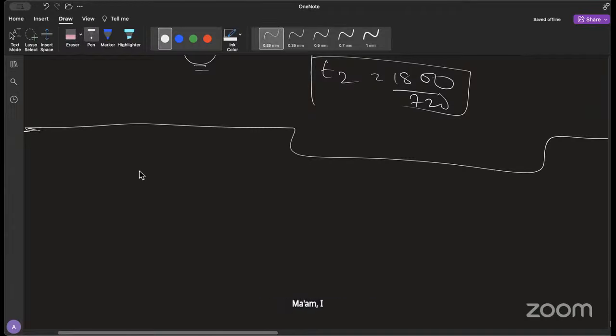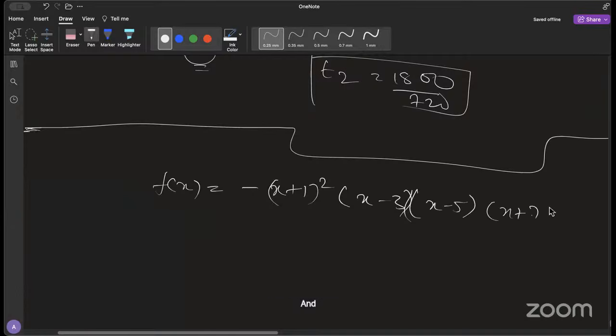Ma'am, I have a question of this type. The function is f of x equal to minus of x minus 1 the whole square into x minus 3 into x minus 5 into x minus 7 plus c. And we need to find the value of c so that sum squared error is minimum.